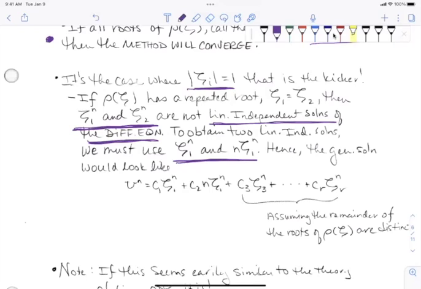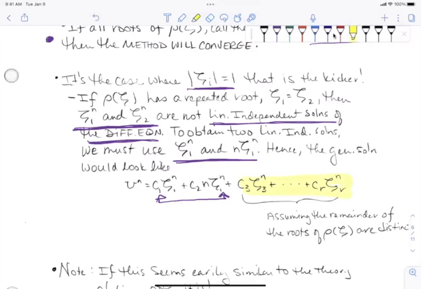If zeta 1 and zeta 2 were the same, here's how the linear combination of roots raised to powers would work. Here is your original, and then here is your n times zeta 1 to the n power. So those two expressions together form two linearly independent solutions, and with the rest of this, I just assumed that all the rest of the roots were distinct.